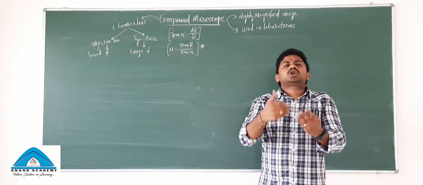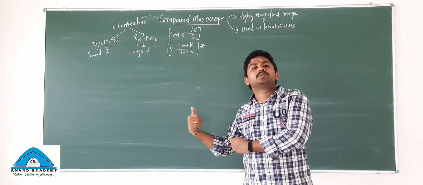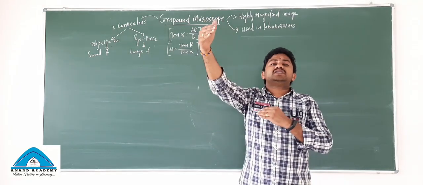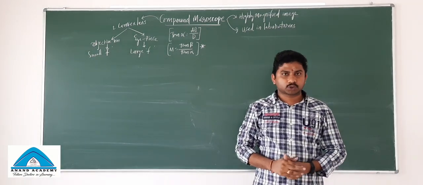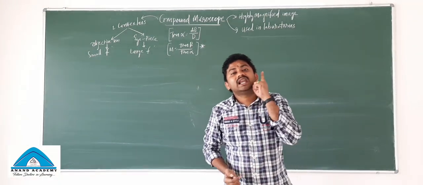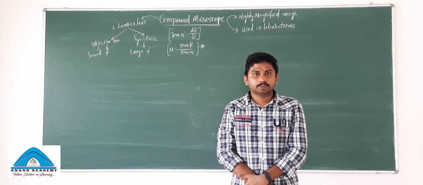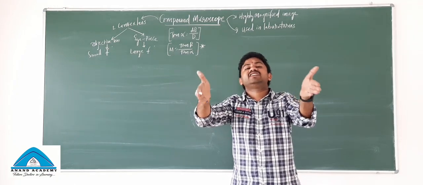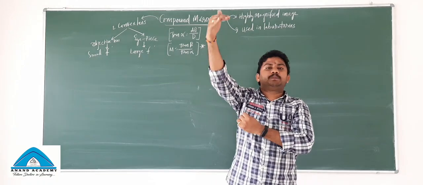And why use a compound microscope, as we have the simple microscope concept? To get a highly magnified image, we use the compound microscope. With a single lens, we got some magnification in the simple microscope. When we use two different lenses having different focal lengths, the magnification will be much better.